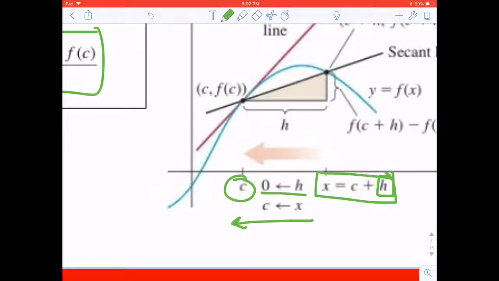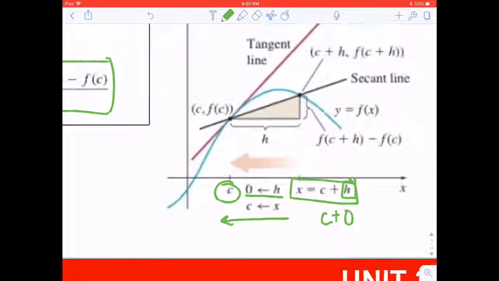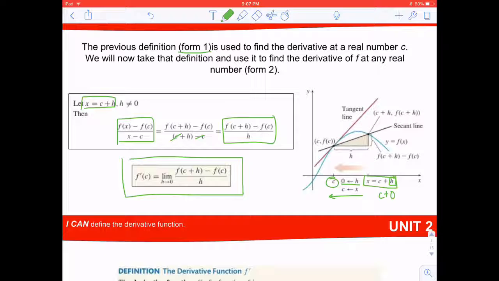Because then, once h is 0, we really just have c plus 0, which is c. And so then that would become the tangent line at just c. So that's why when we want to find the derivative, we have to take the limit as h goes to 0. That way we are finding the derivative at this point c.